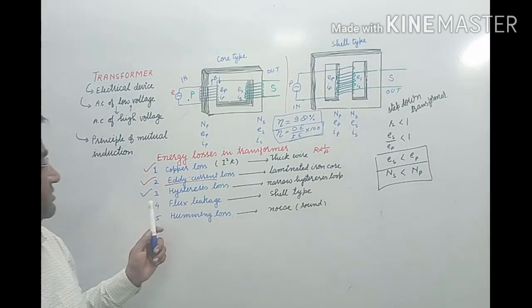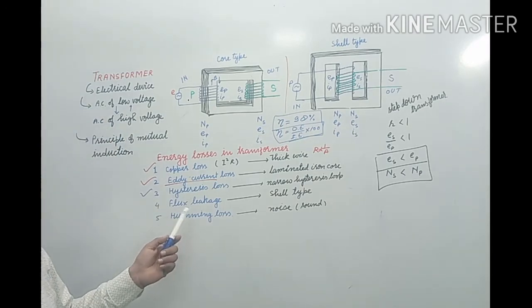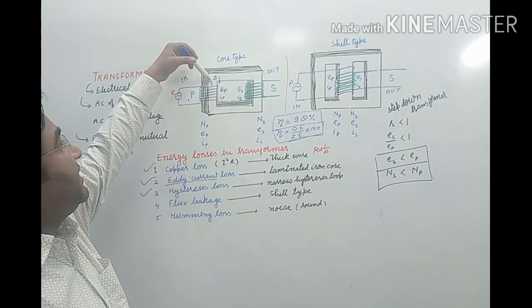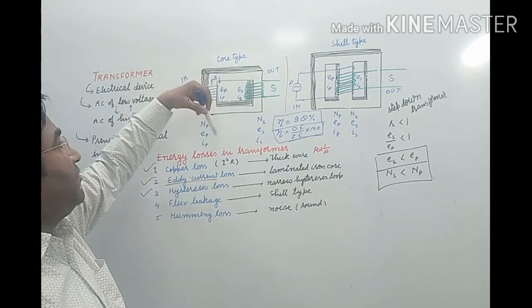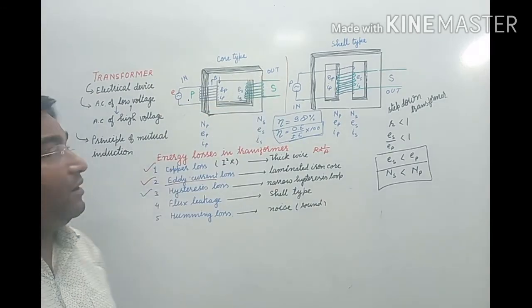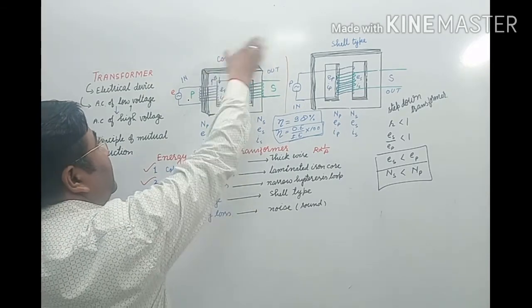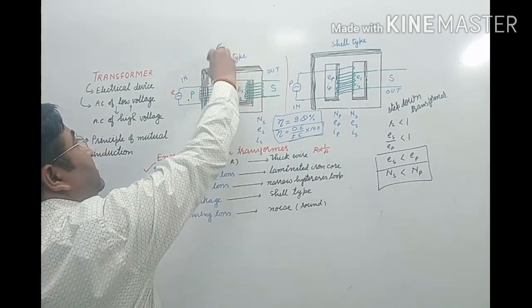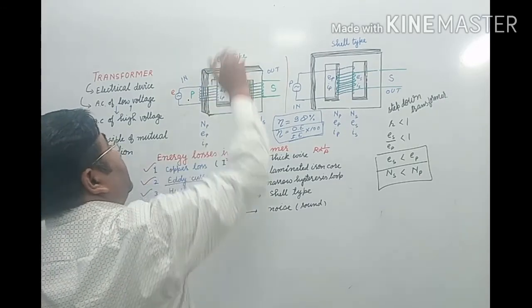Next, flux linkage. Flux linkage means the total number of magnetic lines which pass through the primary coil will not exactly pass through the secondary coil, because the magnetic lines of force are oriented in this direction and some will be in the air.